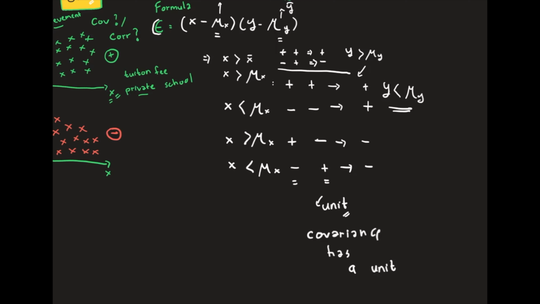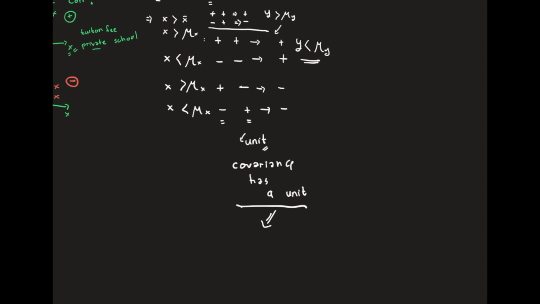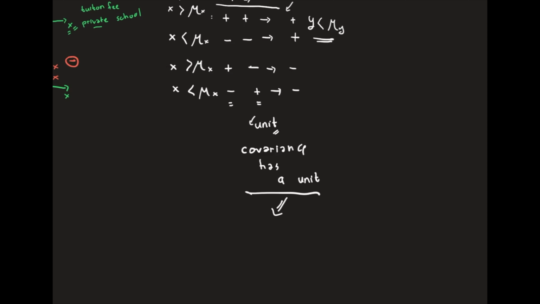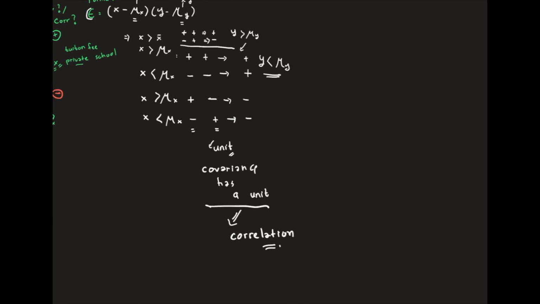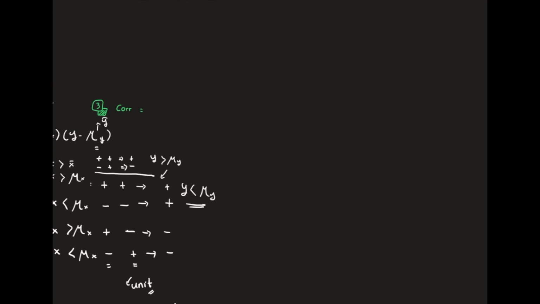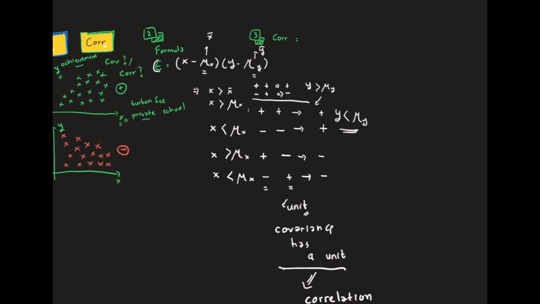Because it has a unit, instead of using covariance, we want to use correlation, because correlation is made from the covariance. So what's the formula of correlation?